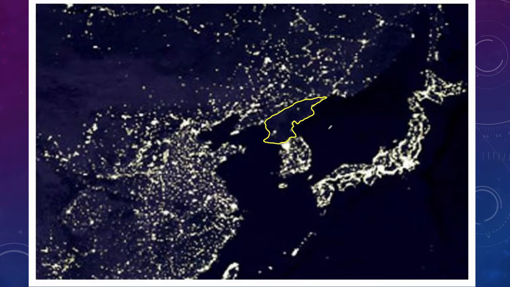It's kind of like a shadow in the dark. That shadow is basically a land bridge between this area here and the rest of this continent over here. This particular area right here, this area that is lit up, is actually South Korea.